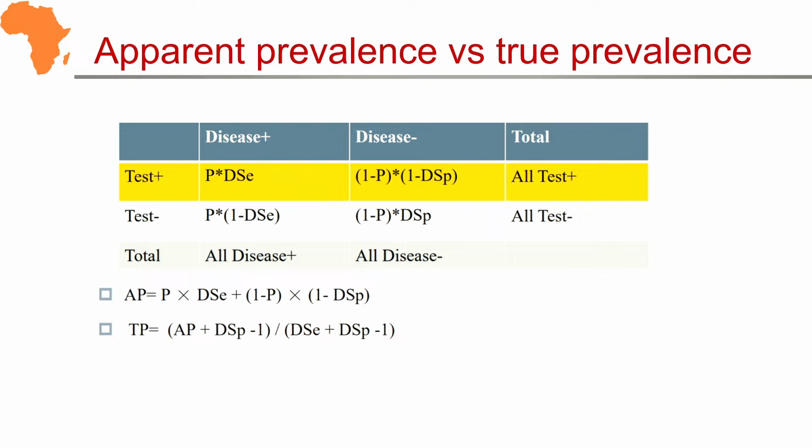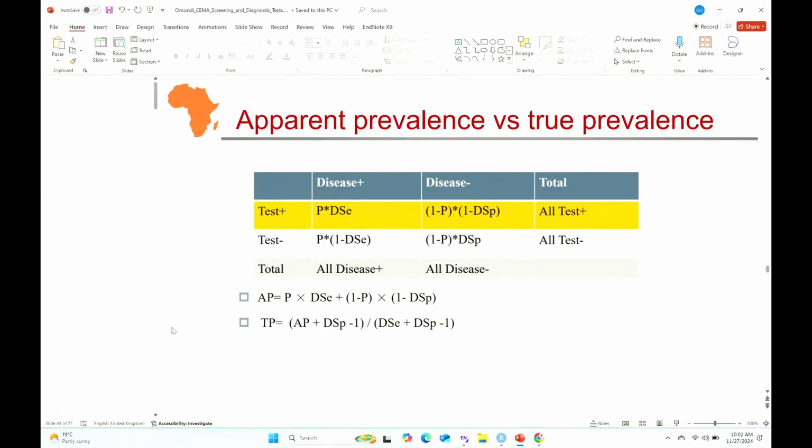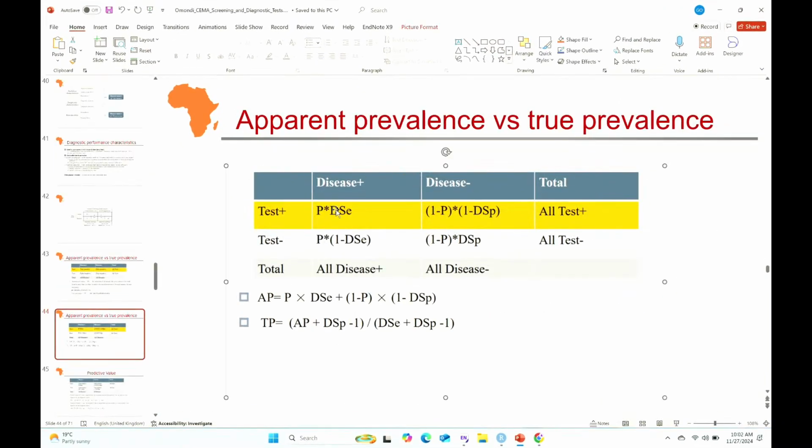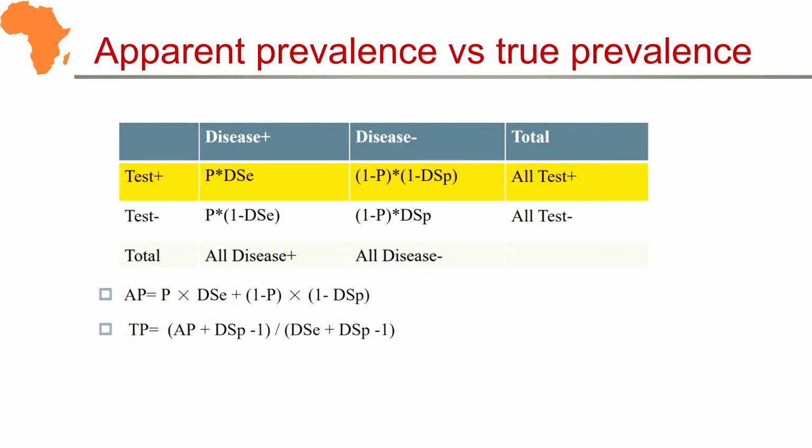I'm too confused. Okay, let me just change it. You'll get confused right now. But the DSE is basically diagnostic sensitivity. DSP is diagnostic specificity. So let's just call them sensitivity and specificity for purposes of this particular class.